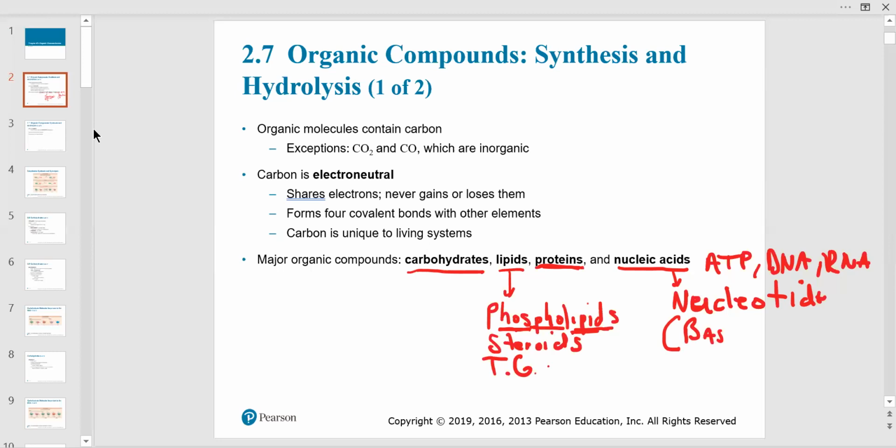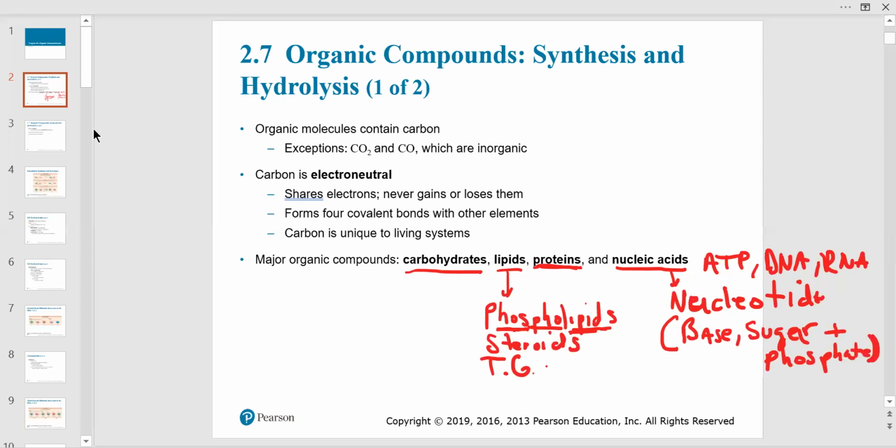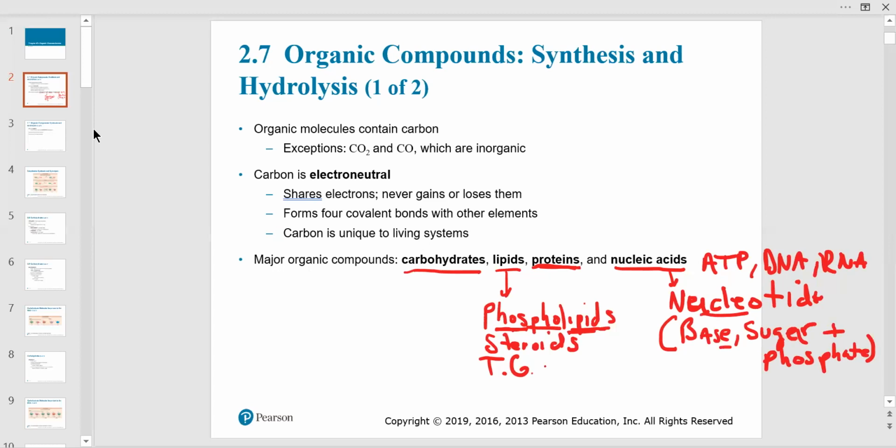So a base that's nitrogenous. A sugar, which is always ribose. And a phosphate. That's why ATP is a nucleic acid. It's really one nucleotide. So nucleotides are the breakdown, smaller parts of the nucleic acids, ATP, DNA, and RNA. And that's where we're going to live. Right?